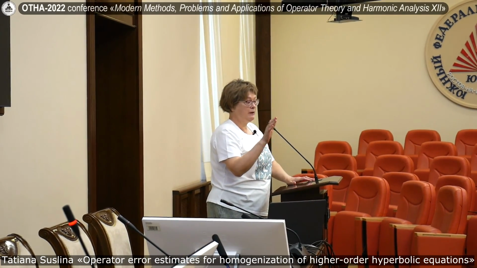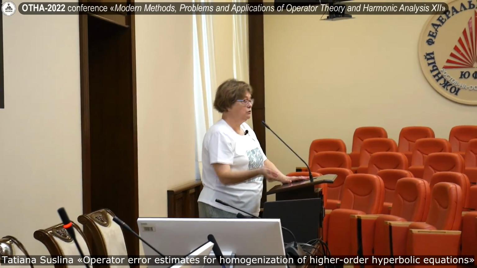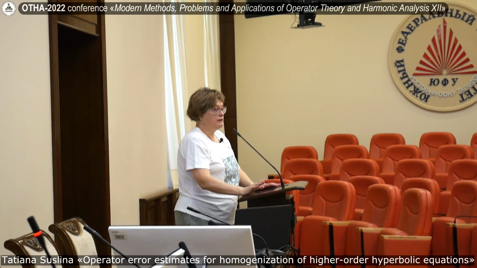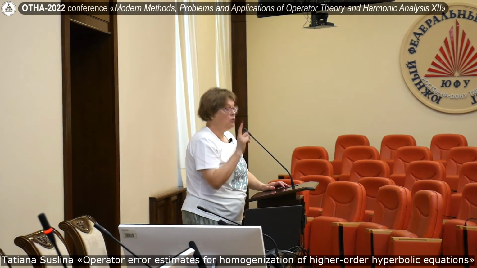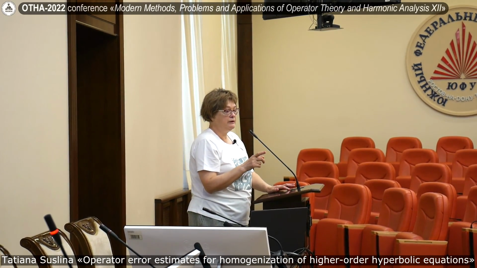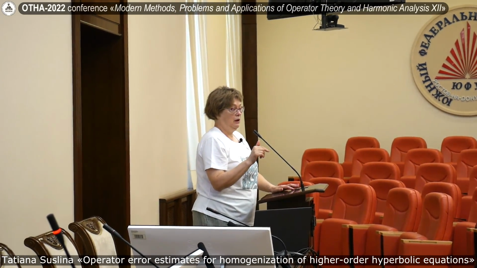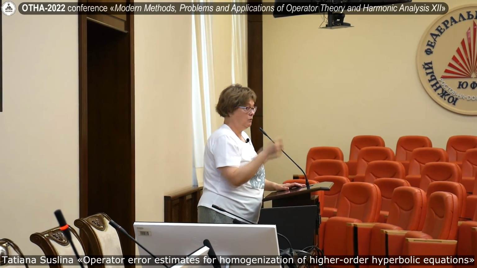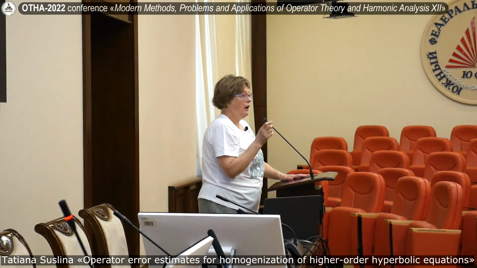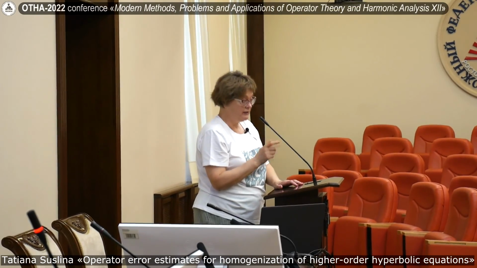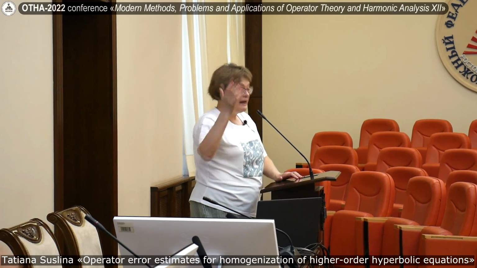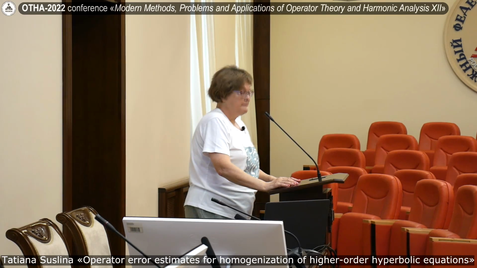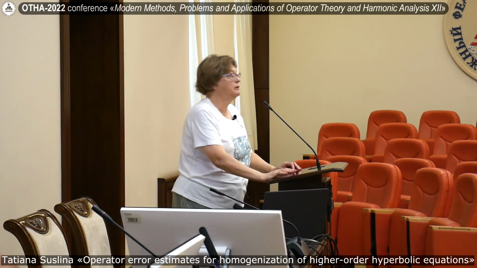For example, for the exponential from H3 to L2, for the cosine from H2 to L2, the results are sharp with respect to the norm type. And also, the results are sharp with respect to dependence on tau. We have the growing factor on the right-hand side, 1 plus modulus of tau. This is also sharp in the general case. However, in the scalar real case, this can be improved. In the general case, the results are sharp.